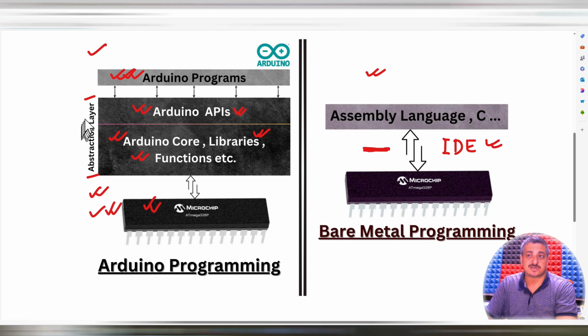But here the abstraction layer is really very thick, very big, and a lot of code is written within this abstraction layer to make things simpler, and here it is not very simple. And what happens is, there are many different types of Arduino boards, and these Arduino boards use different chips. So here you can see this is Atmega 328P, but it may be some other chip also.